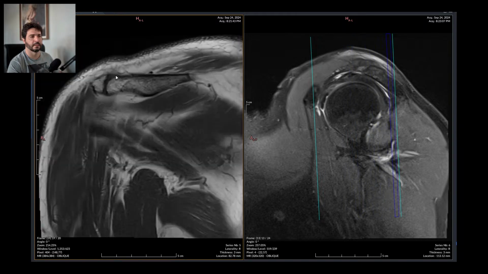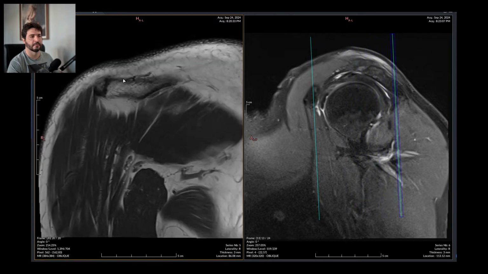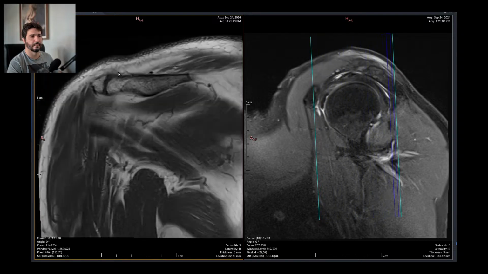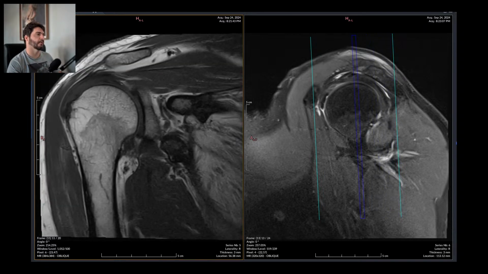Yeah, this is acromion right here. This is scapula. Oh, how do I call acromio bipartido in English? I can't remember.